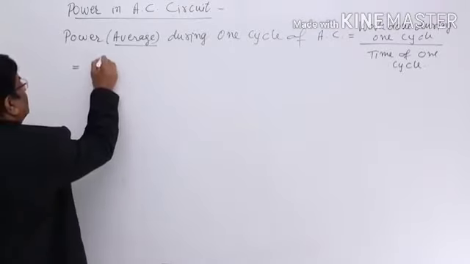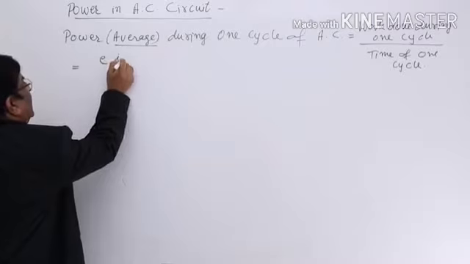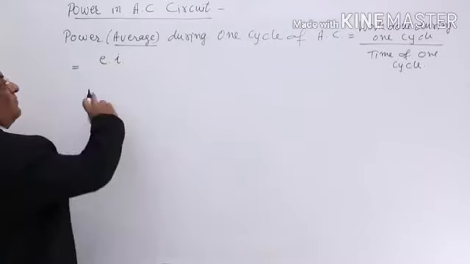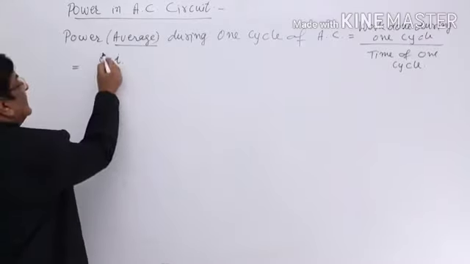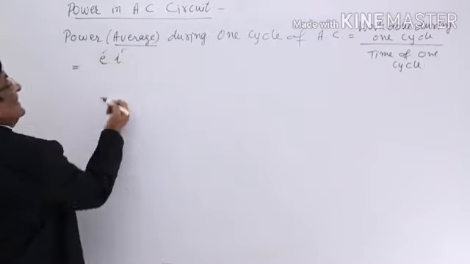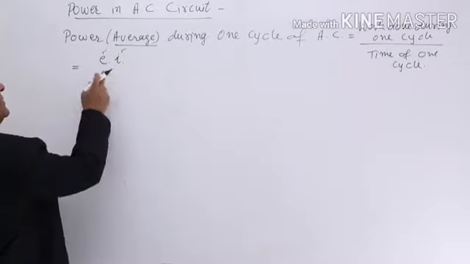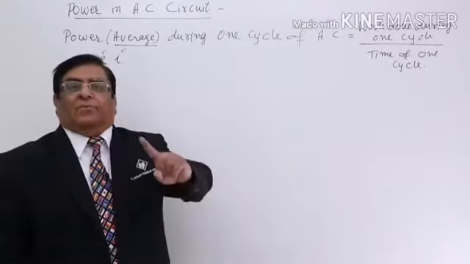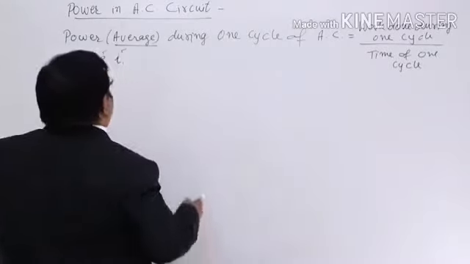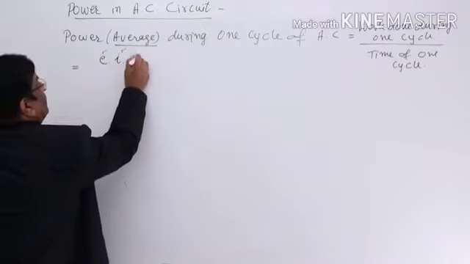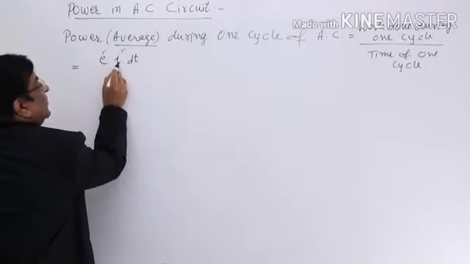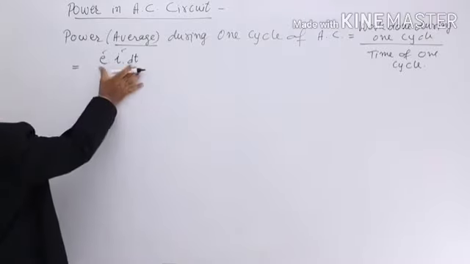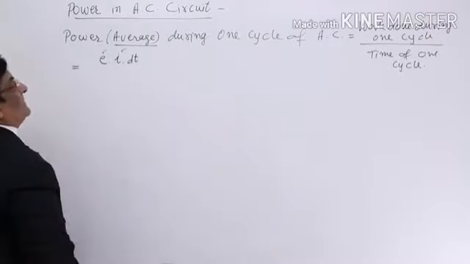Work done is equal to E multiplied by I. During one cycle, for one complete time, this is the instantaneous value. This gives work done for a very small time. Now we have to multiply it with the small time dt. This is the formula for power. When we multiply with time, this is the formula for work done for a very small time dt.